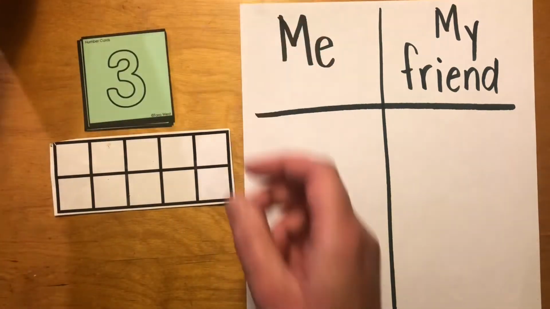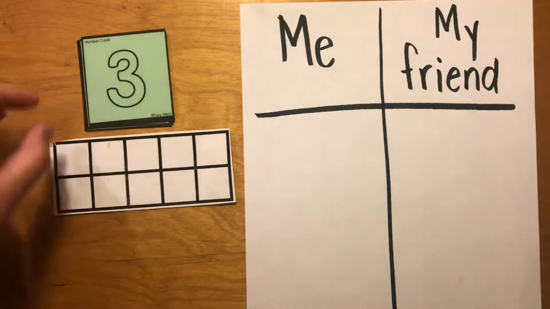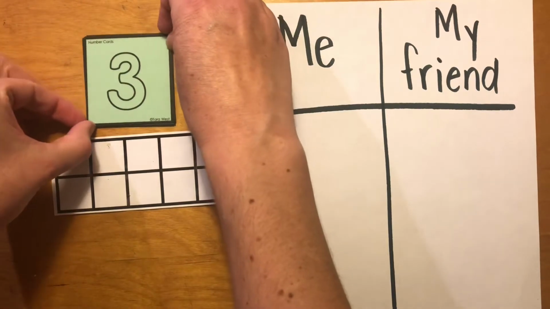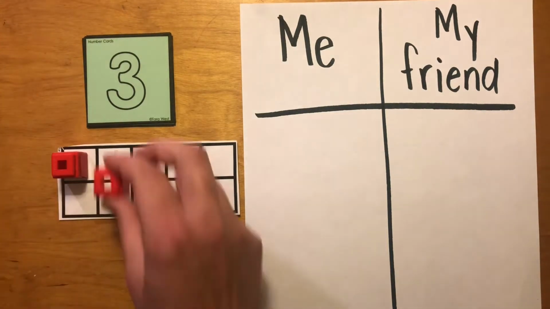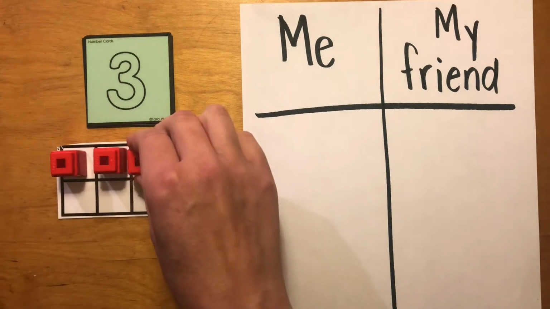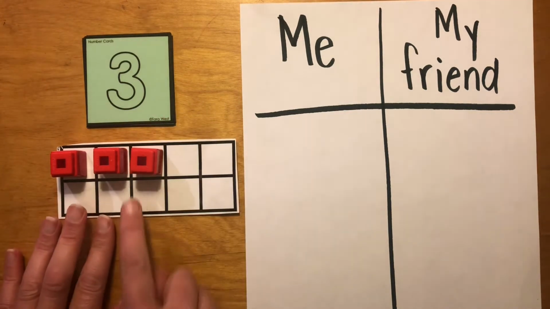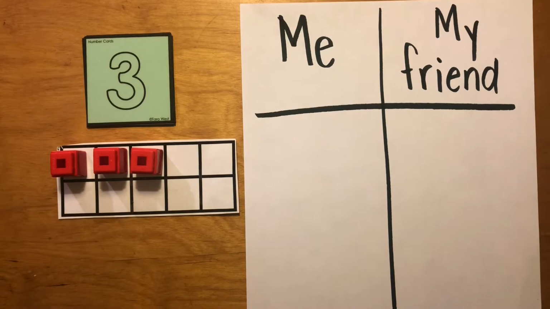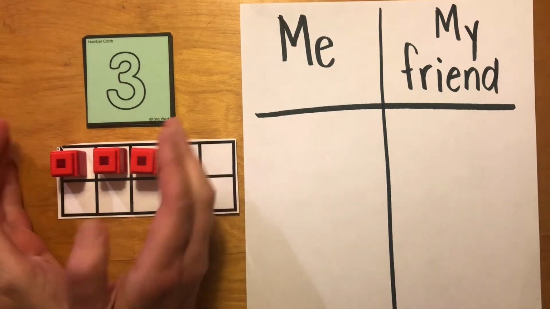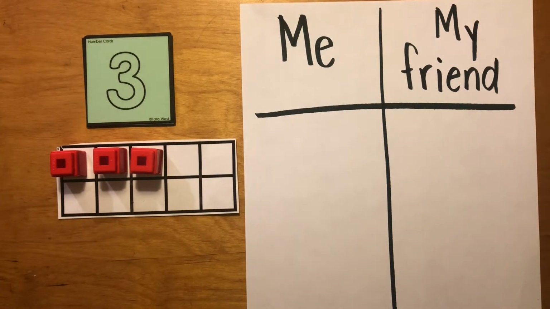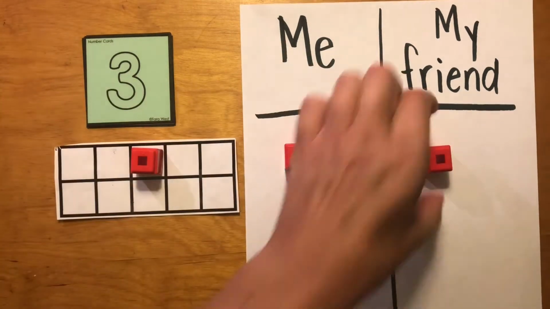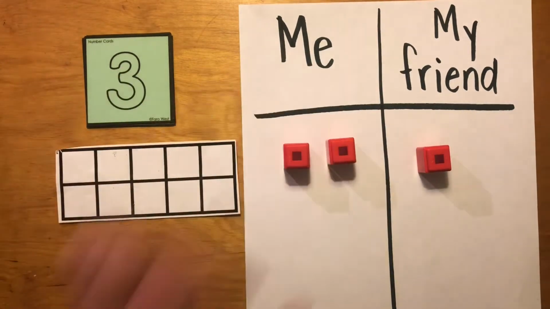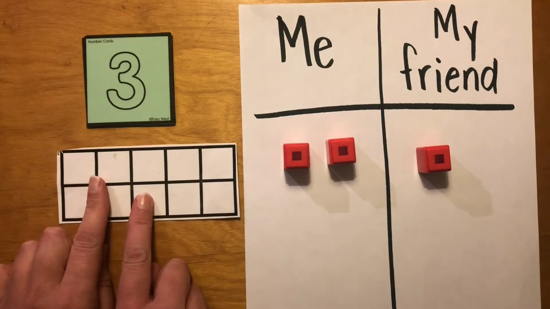Let's move on to the next one. Number 3. What do you think? Do you think 3 will be odd or even? Let's check it out. 1, 2, 3. So now we're going to transfer them over. If I have 3 books, will we all have the same amount? 1 for me, 1 for my friend, 1 for me, and I'm out of cubes.